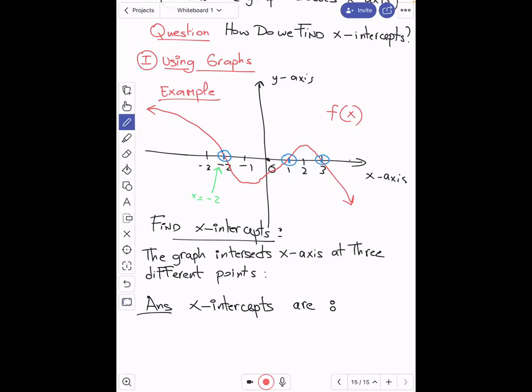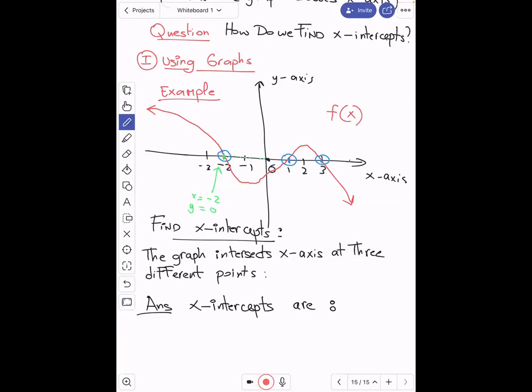But what's the corresponding y? So what's the corresponding y of this point? Well, the level or the height of the y here, as you can see, it's just 0, because that's my x-axis. So the level or the height of my x-axis is just 0. So the corresponding y is just 0.